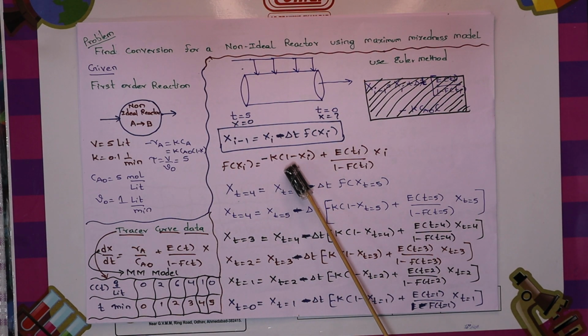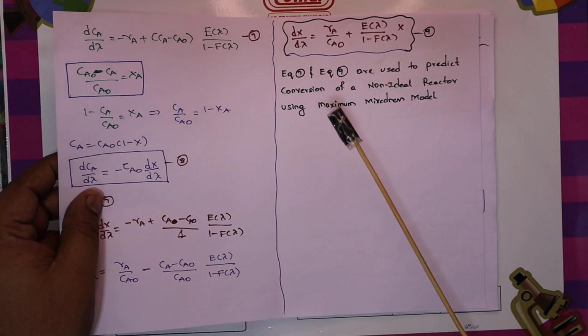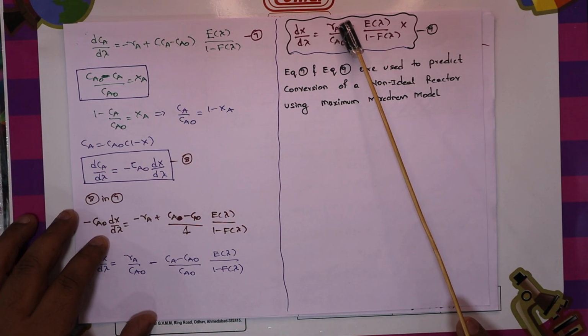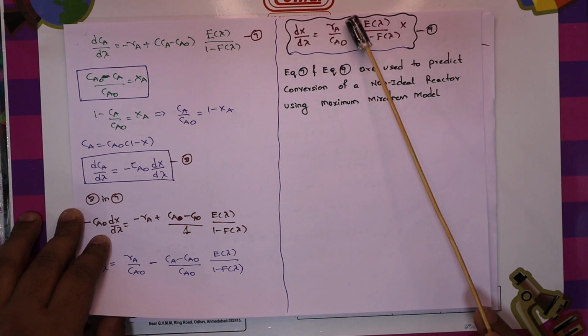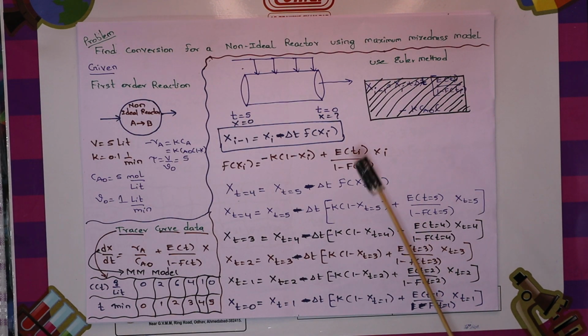So if you put it in this term, RA equal to minus KCA, CA equal to CA0 into 1 minus X. So this CA0 cancels out, and finally you are going to get this kind of expression. So f of x is this one. You need to find the conversion at different times till you reach the value t equal to 0.